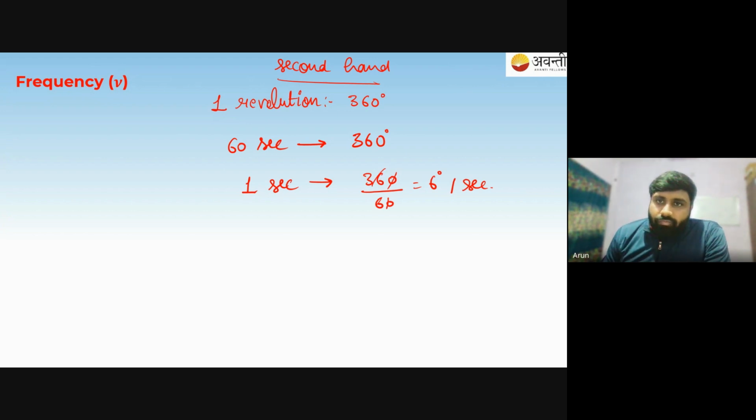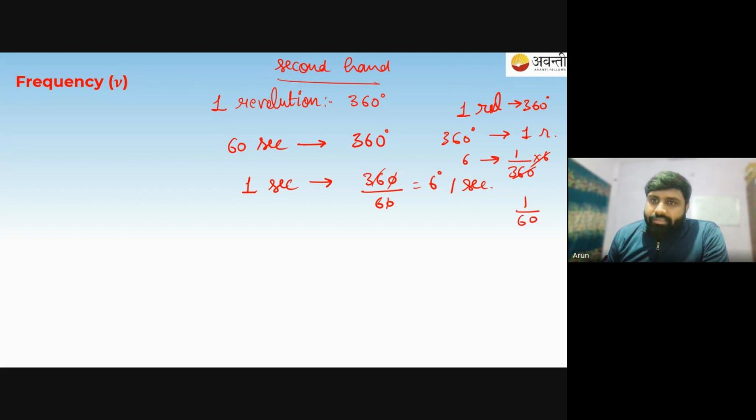One revolution is 360 degrees, so in 6 degrees, how much revolution has it taken? 1 upon 360 into 6. If you cancel it out, 1 by 60. So 1 by 60th of a revolution has been covered in 1 second.